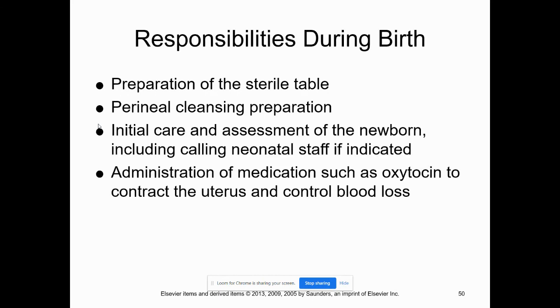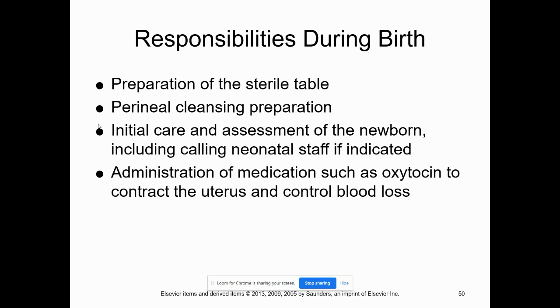The nurse's responsibilities during birth include preparing the sterile table, and different providers will have different requests for what's stocked on their table. As you get oriented to an OB ward, there will be provider lists, like let's say Dr. Jones wears size 7 sterile gloves, likes a certain size of suture, etc. So their preferences are set up, and that's part of the labor nurse's job.